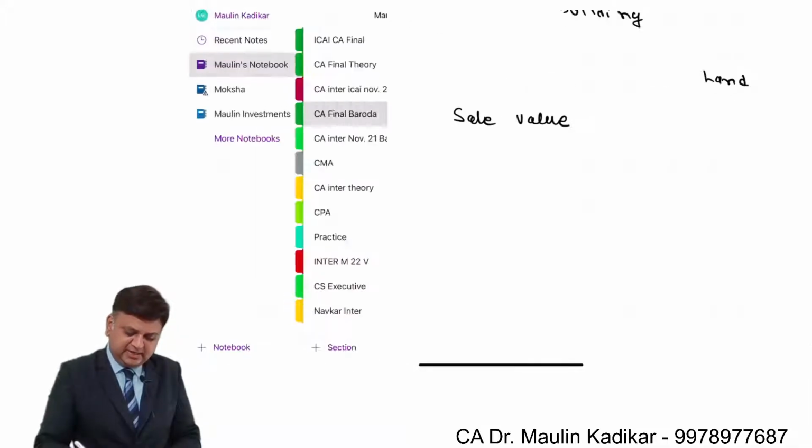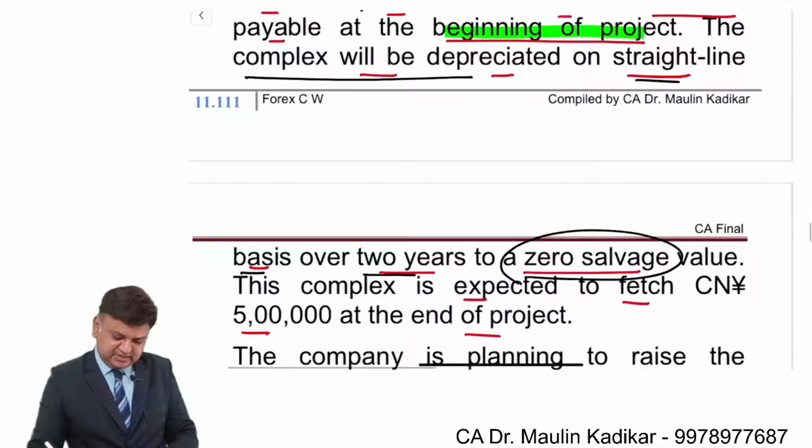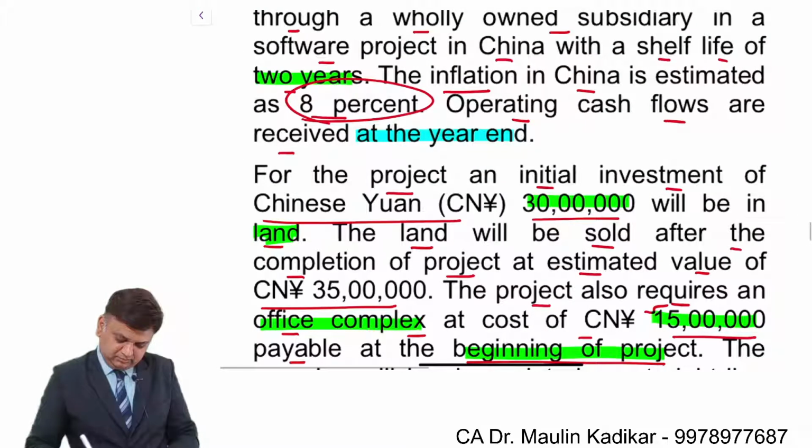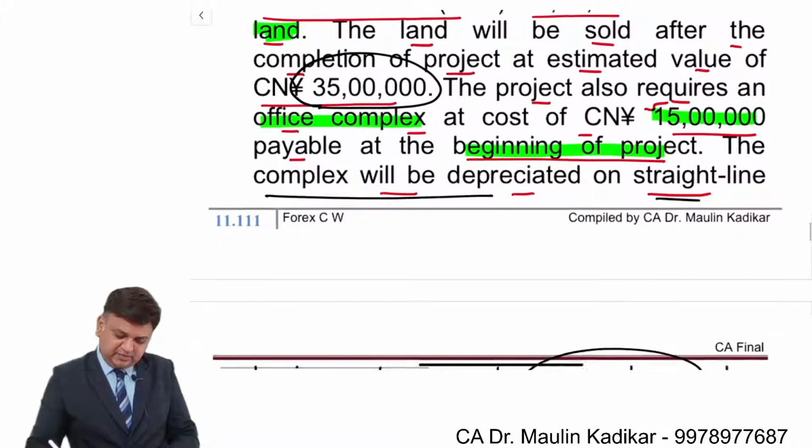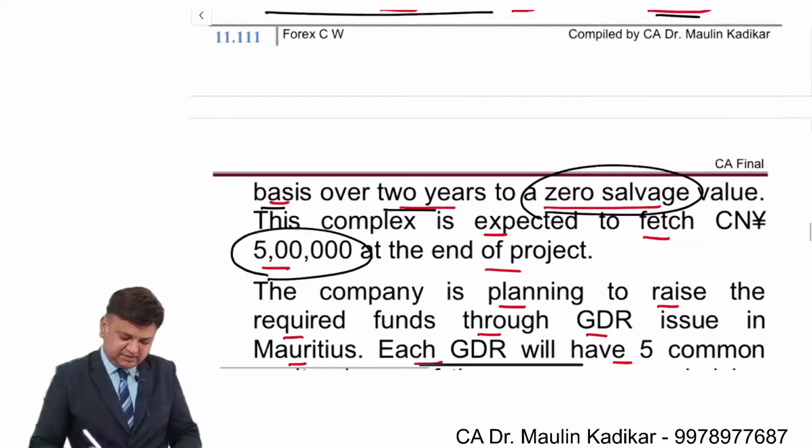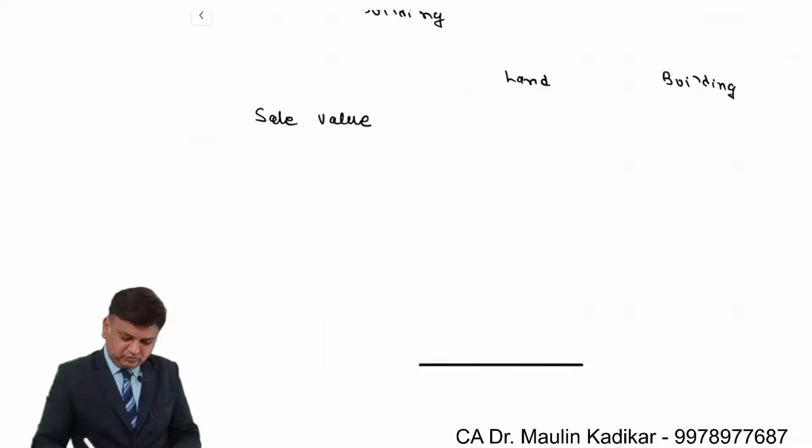I think that for land it has been provided as 35 lakhs. Okay. And for building it has been provided as 5 lakhs. So this is 35 lakhs. This is 5 lakhs.